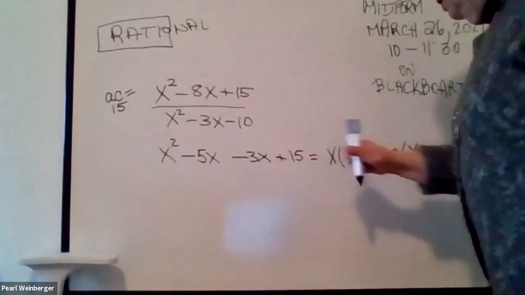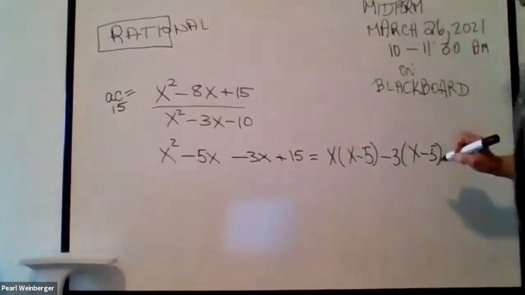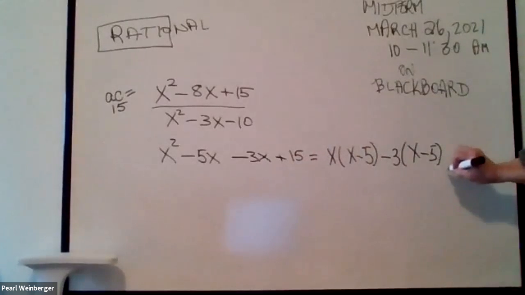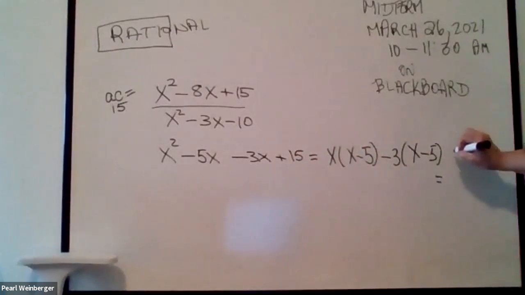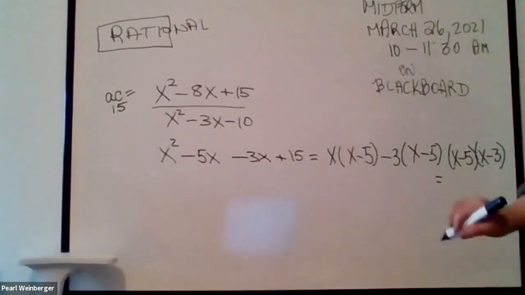Negative 3 into the positive 15 gives me negative 5, which then we could write as x minus 5 and x minus 3. So my numerator factored into x minus 5 and x minus 3.